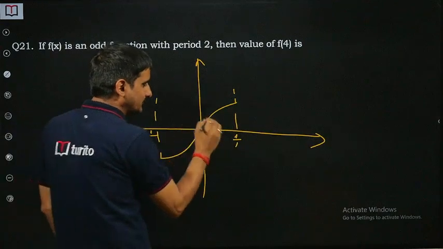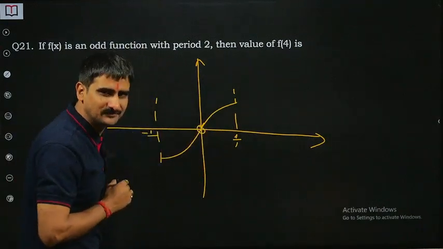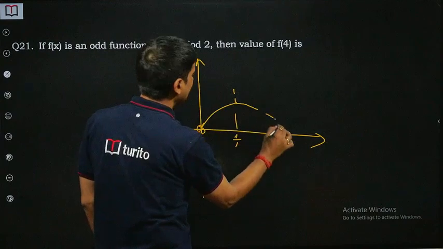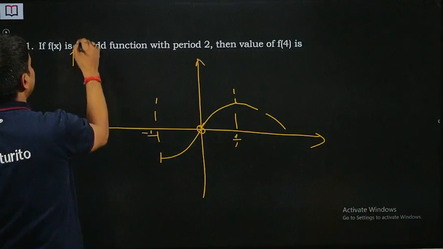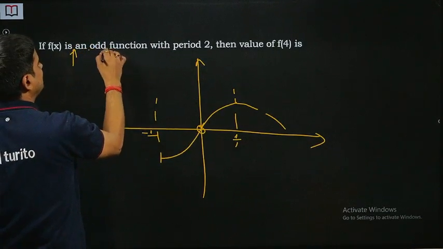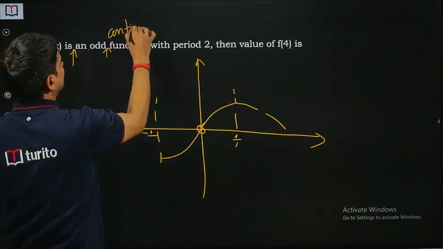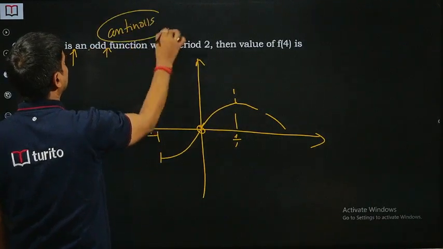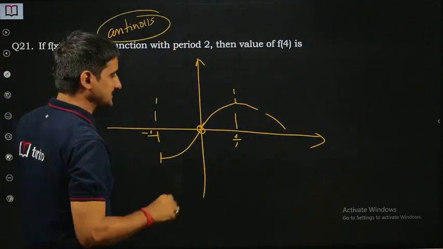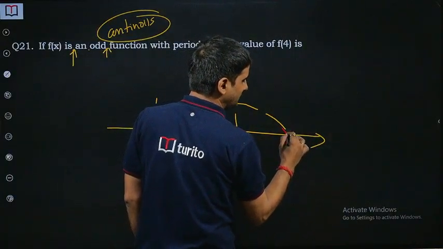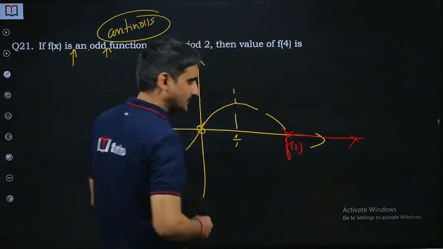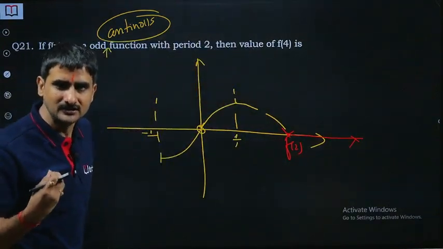So it's 0 at 0. Actually they would have written that it is an odd continuous function, and I might have missed it while writing this question from my side. Without writing it we can't conclude it, because the value it takes at 0 will be the value it takes at 2, since it's a periodic function, it will repeat values after an interval of 2.